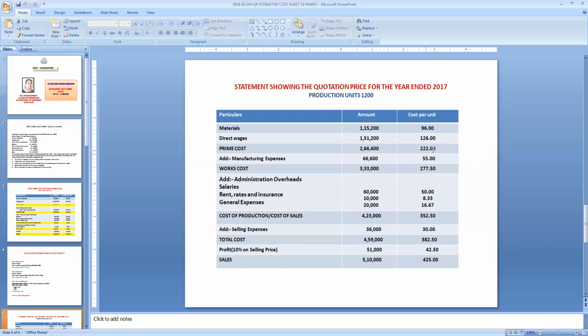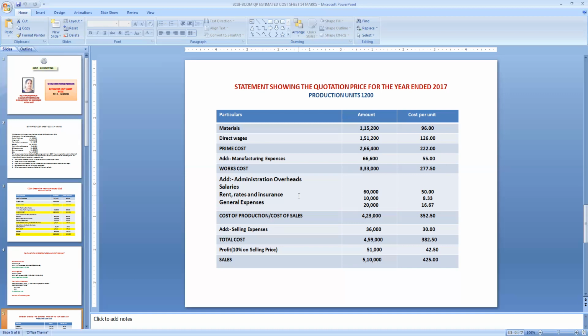Therefore, cost per unit comes to 222 rupees. Then we'll have to add manufacturing expenses. The manufacturing expenses per unit we calculated is 55 rupees 50 paisa. 55.50 into 1,200 comes to 66,600. Therefore, the works cost comes to 3,33,000. The per unit will be 277 rupees 50 paisa.